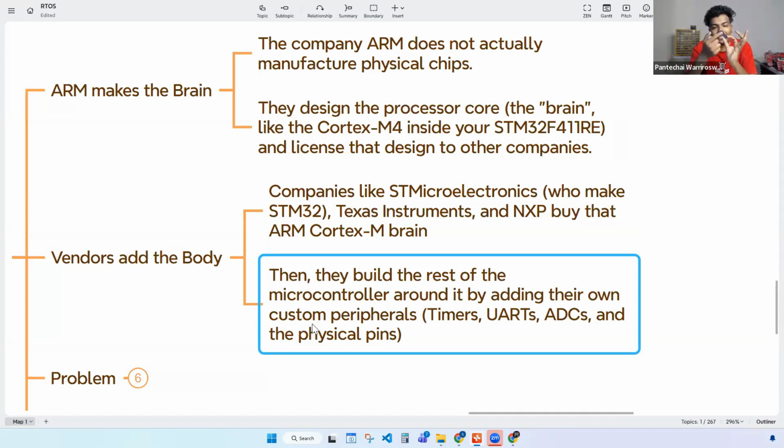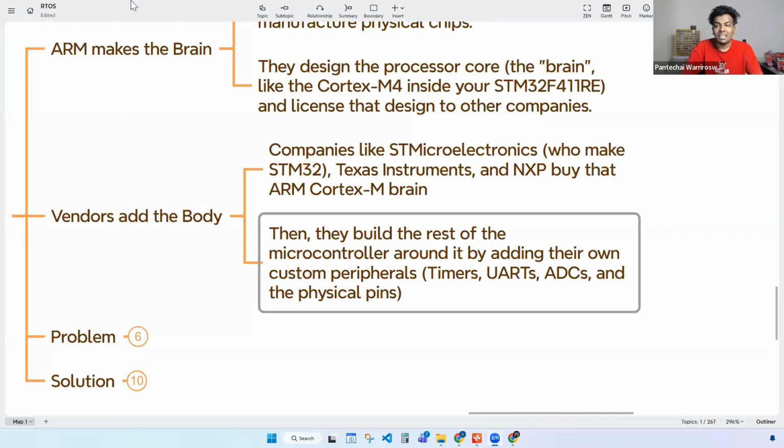You can see all the pins here. They design a complete chip, manufactured by companies like ST Microelectronics, TI, NXP and so on. These two we have understood clearly, right?